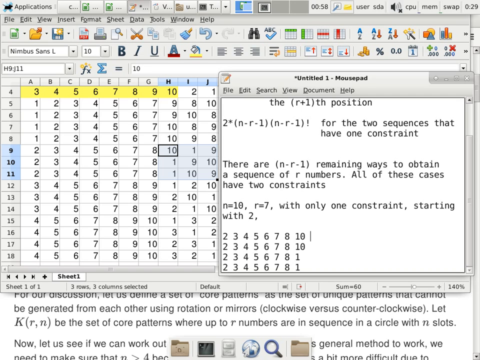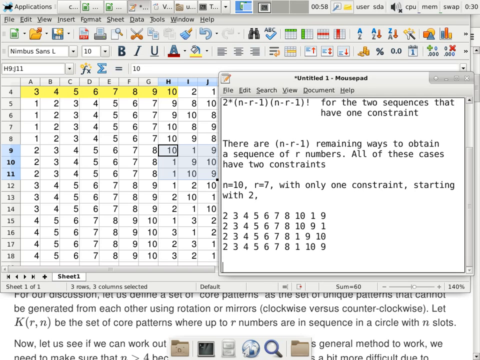So the remaining 2 can be any of the remaining numbers, which is 9 and 1. So we can put a 1 here and a 9 here, and a 9 here and a 1 here. And this one, the same thing: a 9 and then a 10, and then a 10 and a 9. So these 4 are basically generated based on only 1 constraint.